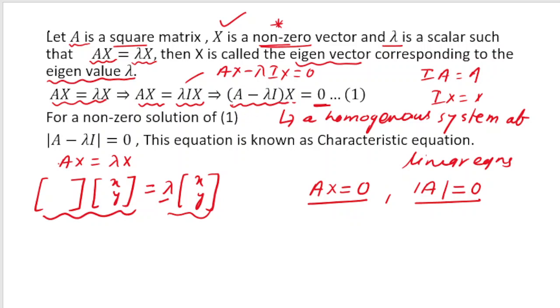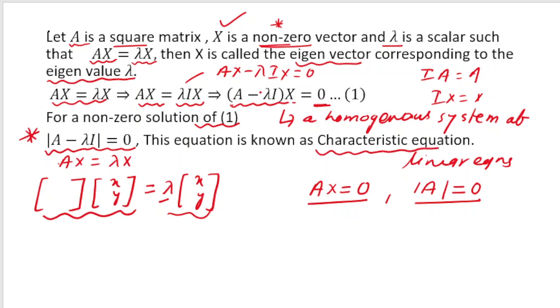Here the coefficient matrix is A minus lambda I. So for having a non-zero solution of 1, the determinant of A minus lambda I should be equal to 0. This is a very important equation which is known as the characteristic equation for any given matrix.